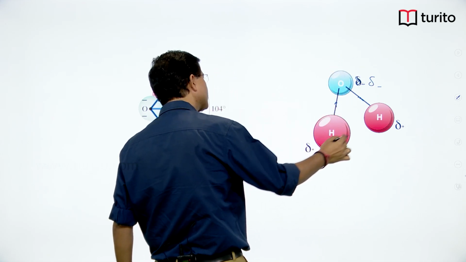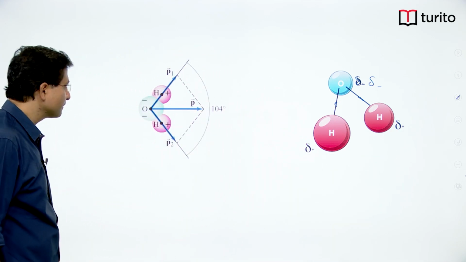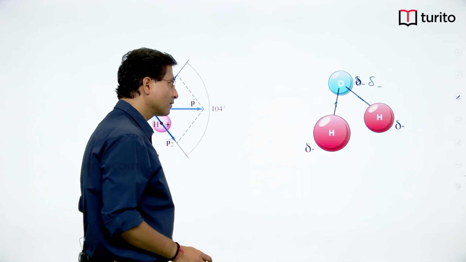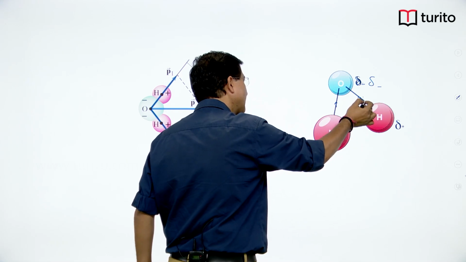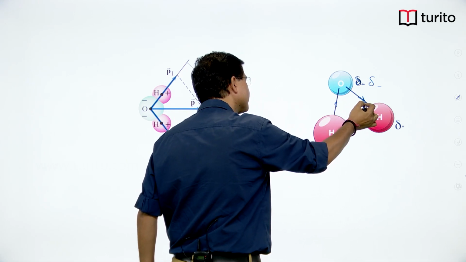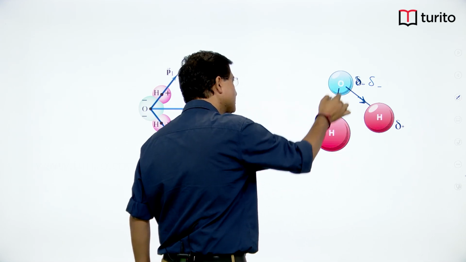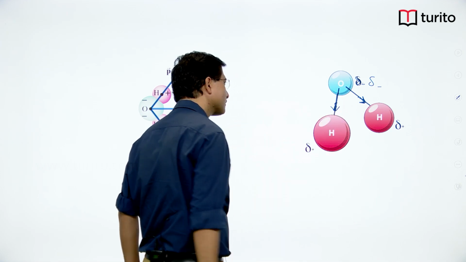Each hydrogen will have a slightly positive charge, right. Because of this combination it will have a dipole moment in this direction from negative to positive. Similarly, because of the other one it will have a dipole moment in this direction.